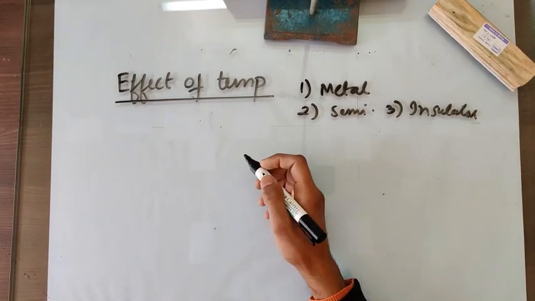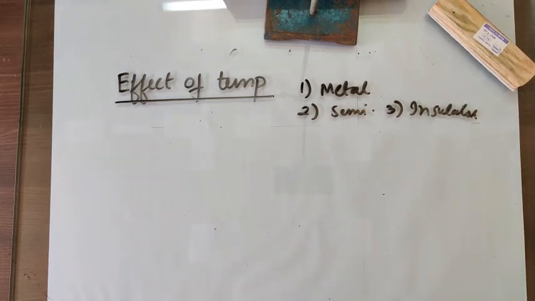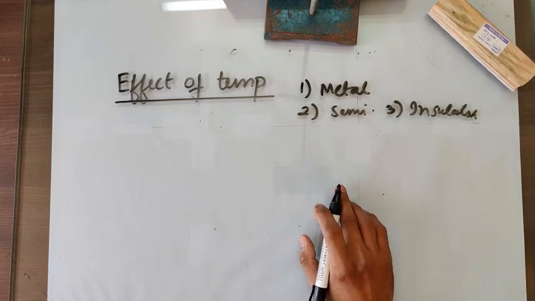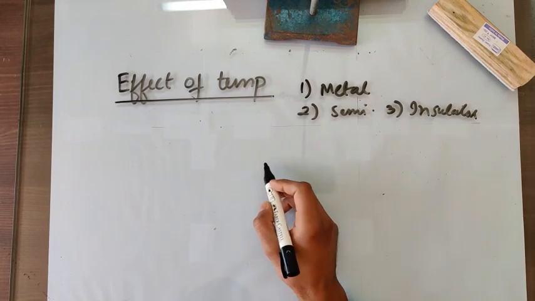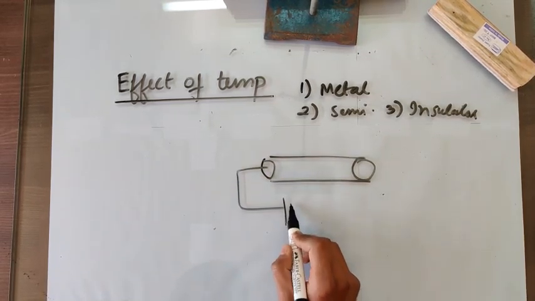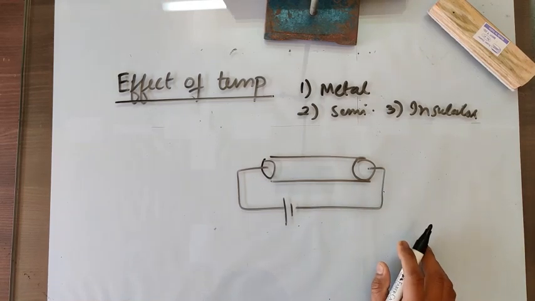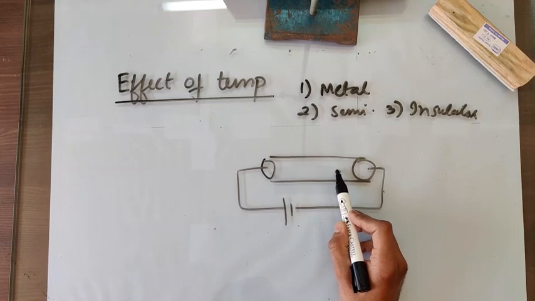First of all, you already know that resistance of a conductor is a property by which it opposes the flow of current through it, and the basic cause of the resistance is collision. When potential is applied across the conductor, its free electrons get accelerated.